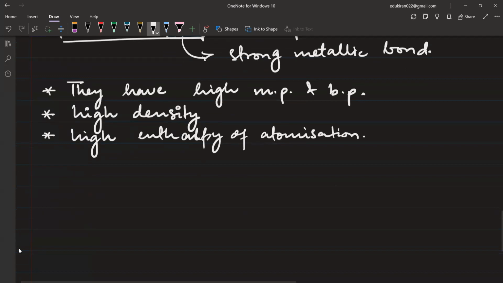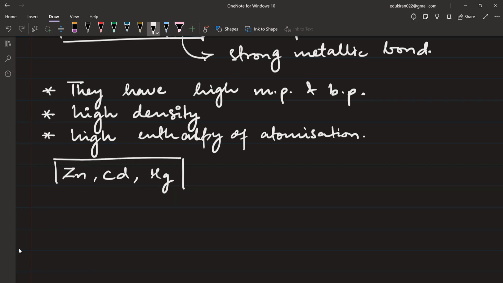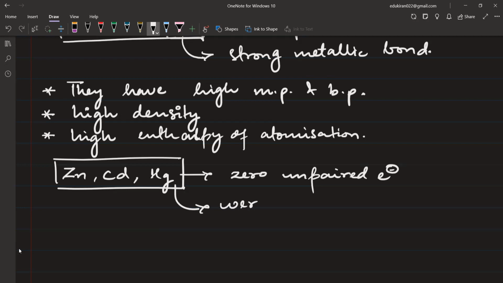Then we have Zn, Cd, Hg. So all of these are having how many unpaired electrons? They are having 0 unpaired electrons, right? And since they are having 0 unpaired electrons, they will be having very weak metallic bond.